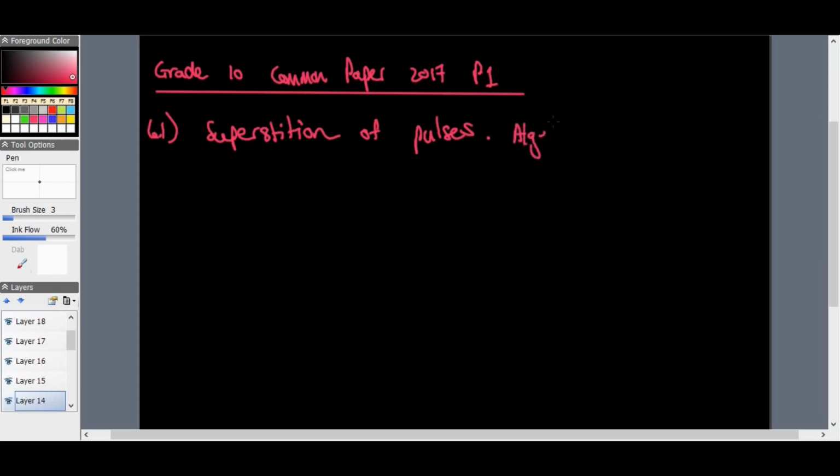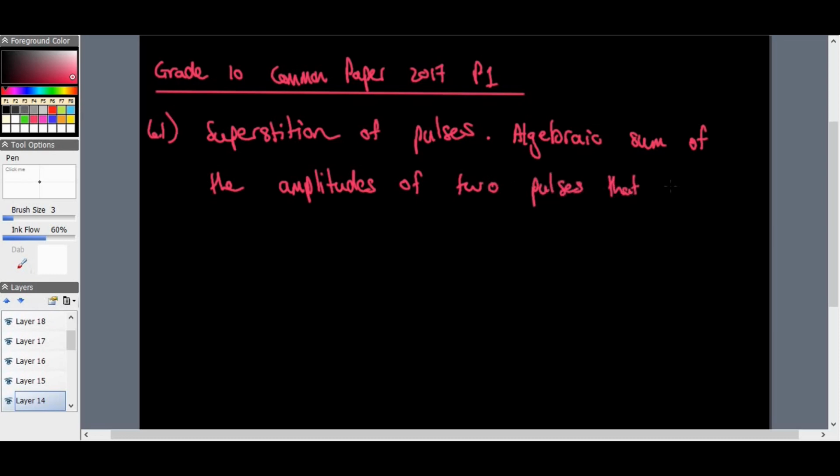Basically, this is where we take the algebraic sum of the amplitudes of the 2 pulses that occupy the same space at the same time.